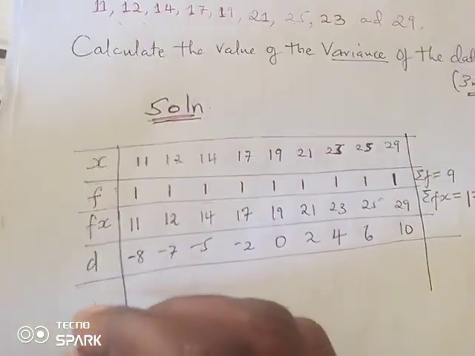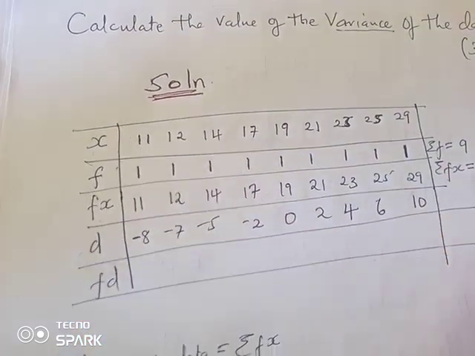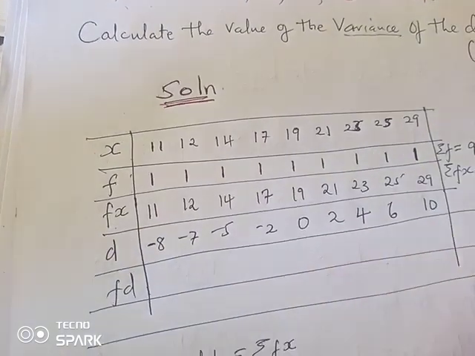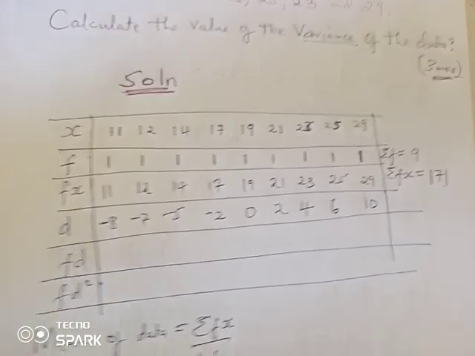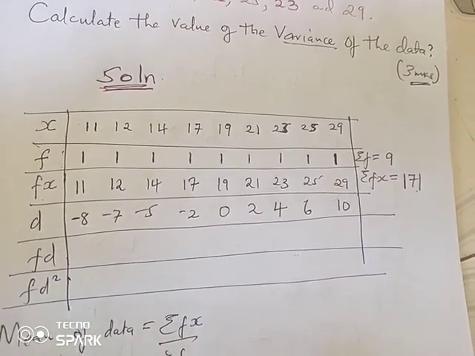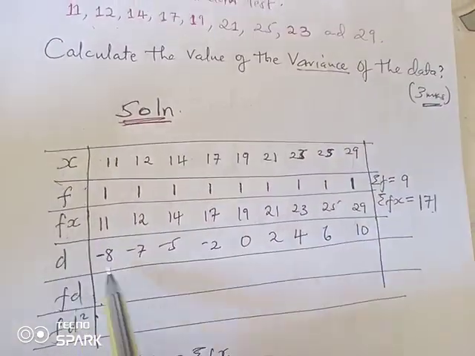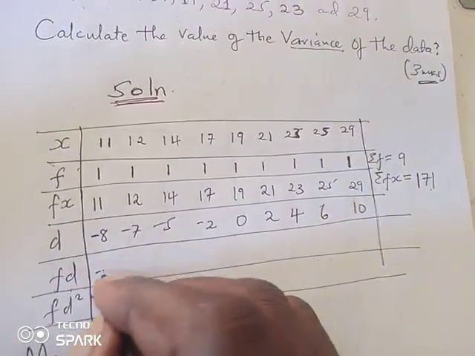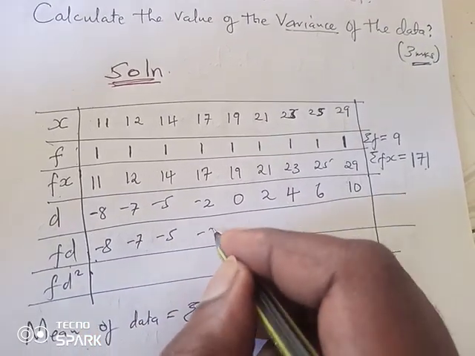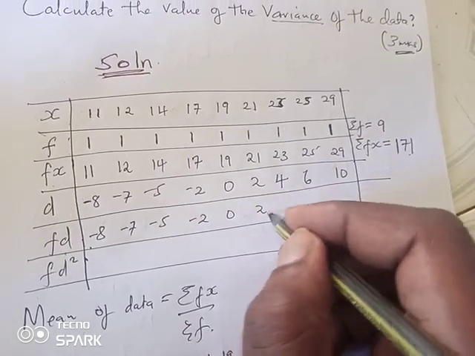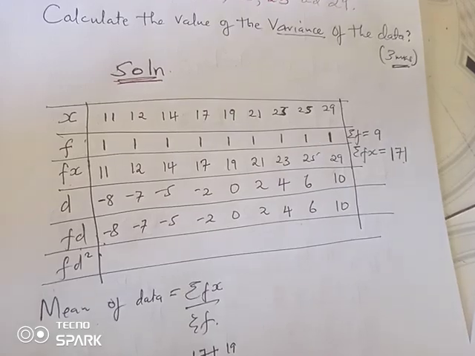Then we are going to get FD, of course. Then finally we can get FD squared. So FD is just F times D. They will also remain the same, because each item here is standing alone, times 1.